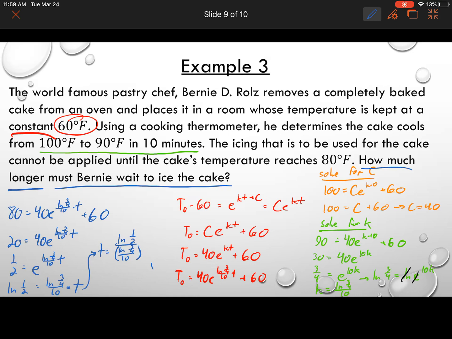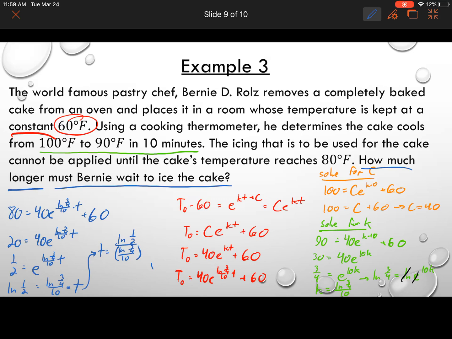So plug that into a calculator. We should get our answer. All right, so let's see what we got here. So ln of 0.5 divided by the quantity ln of 0.75 divided by 10.